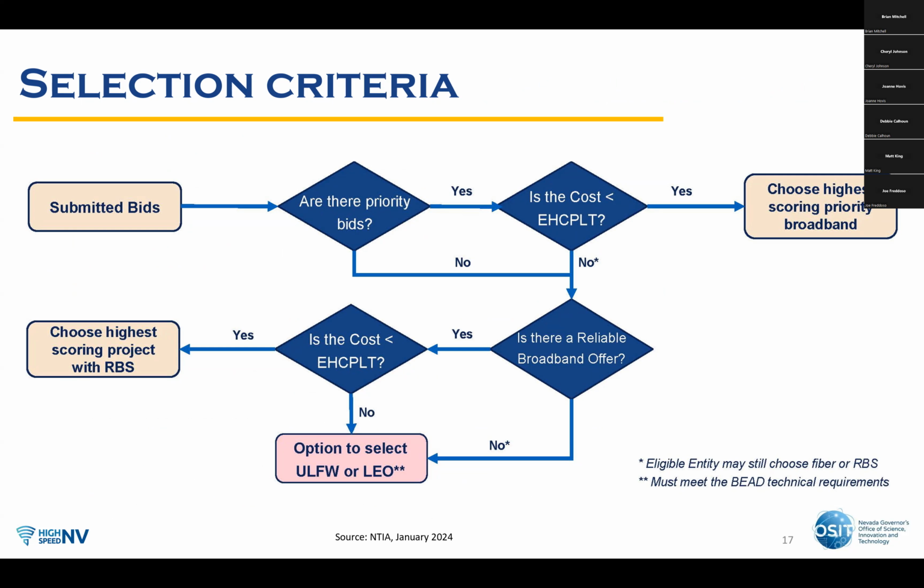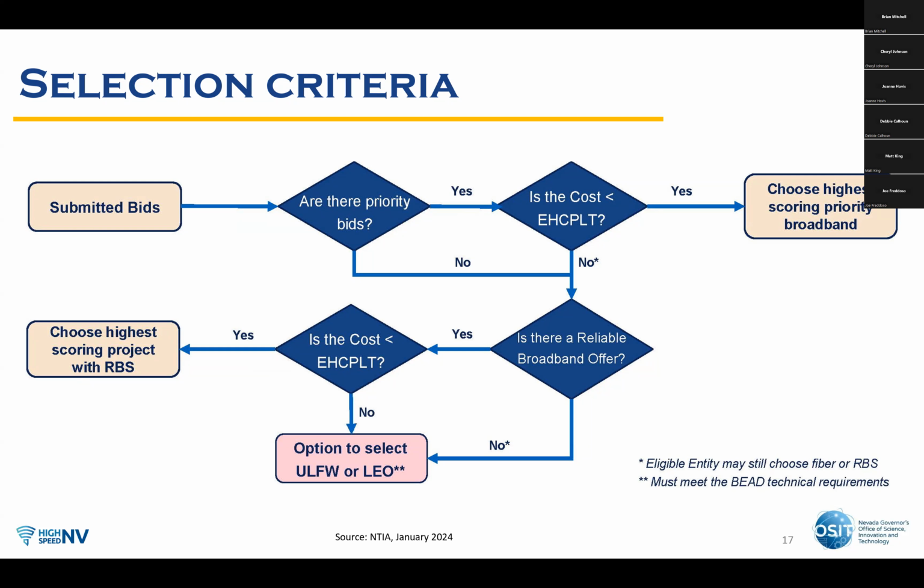NTIA requires that before the state even considers technologies that are not end-to-end fiber, it consider whether there are end-to-end fiber bids and whether they are within budget. And only if they are not, may the state then move on to other technologies. First, those that meet the definition of reliable broadband service, and then those that do not meet the definition of reliable broadband service. That is NTIA's guidance.